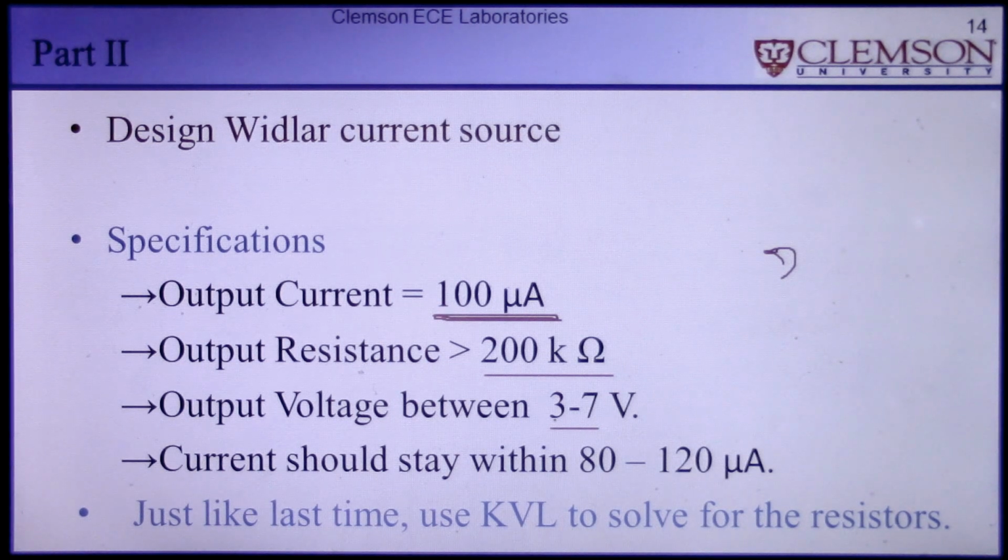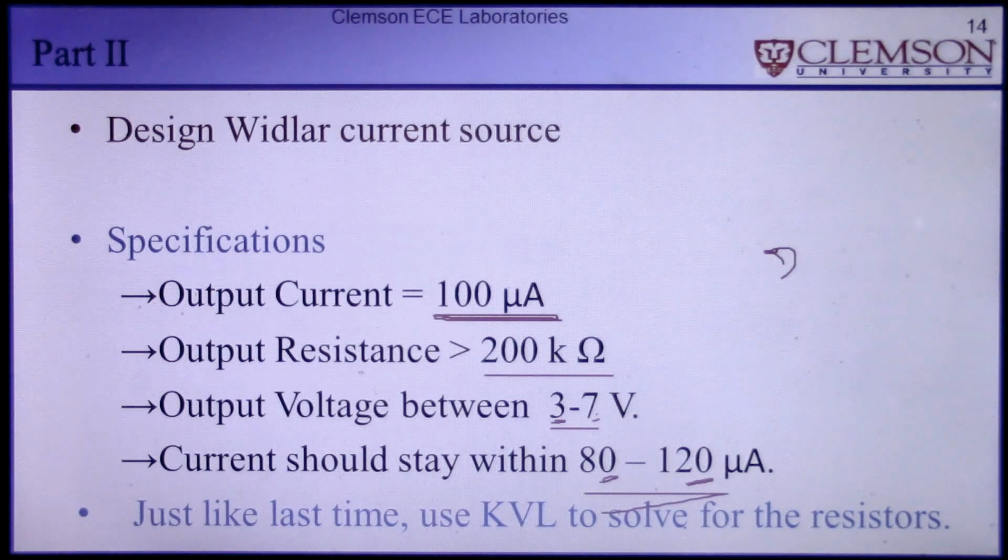Last time we did 2 and 8, but this time we're just trying to think about 3 and 7. The current should stay between 80 to 120 microampere. Typically I have seen circuits usually attain somewhere between 90 and 110 microampere, so it's easily achievable.